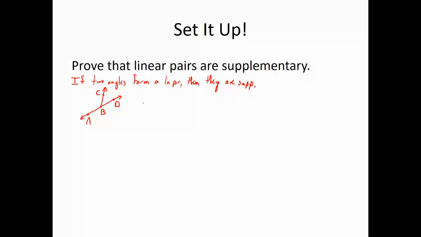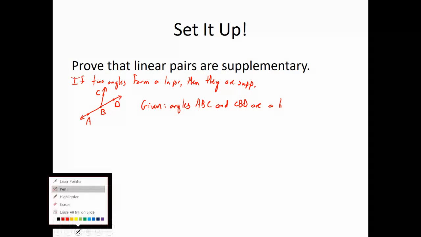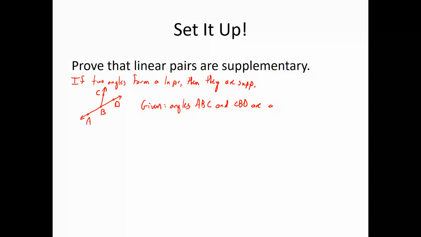And then, as I said, what we're supposed to do is to write the word given, followed by the given of the proof. And this refers specifically to the diagram as given. So angles ABC and CBD are a linear pair.